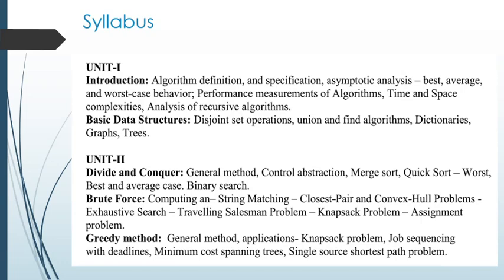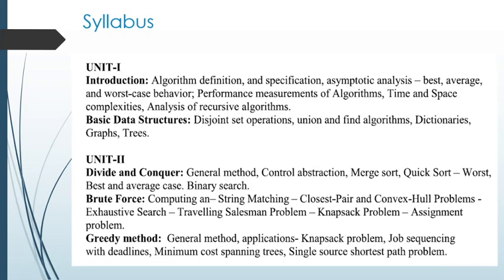This is the best, this is the worst, and this is the average, how we are telling that we are going to see. And we are going to see the time and space complexity, analysis of algorithm, analysis of recursive algorithm. Recursive means it calls itself; how the algorithm will call itself whenever it is required.